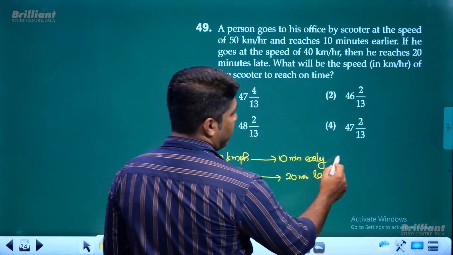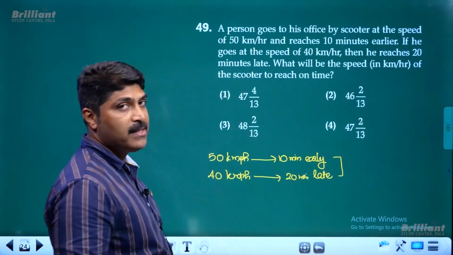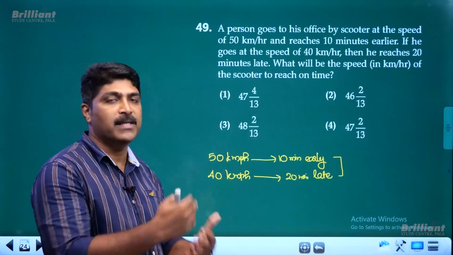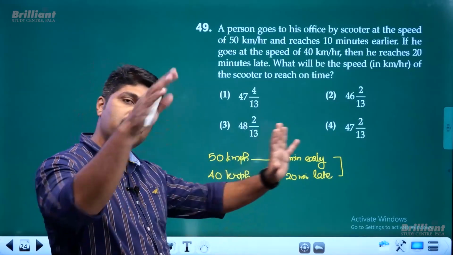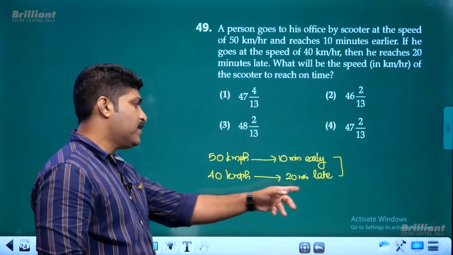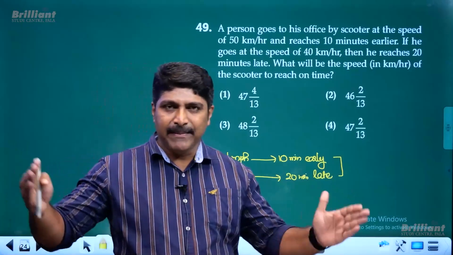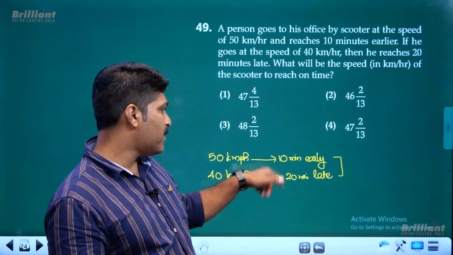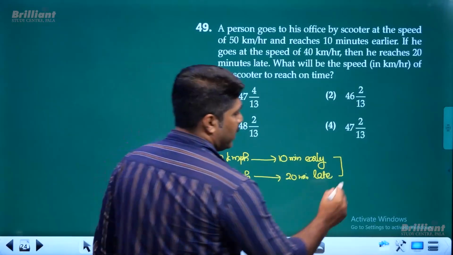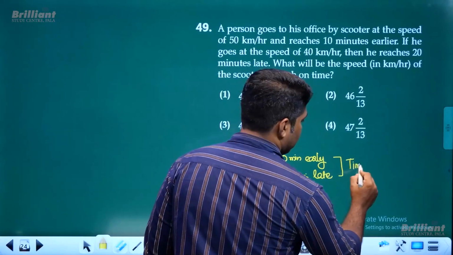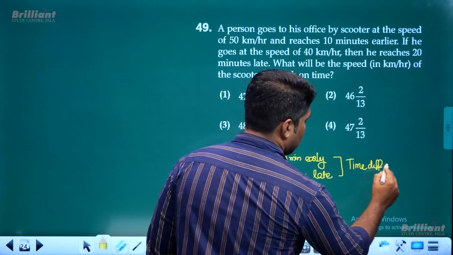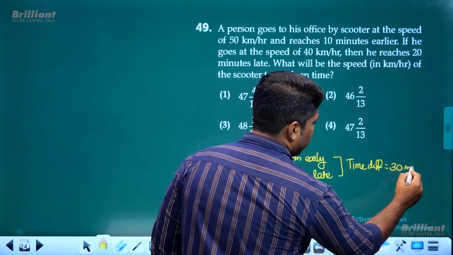Here, what is the time difference in both the cases? Time difference means, suppose we consider these two are two persons. First person reached 10 minutes early. Second person reached 20 minutes late. What's the time gap between them? Time difference is nothing but the sum of these two times. So here, the time difference is 30 minutes.